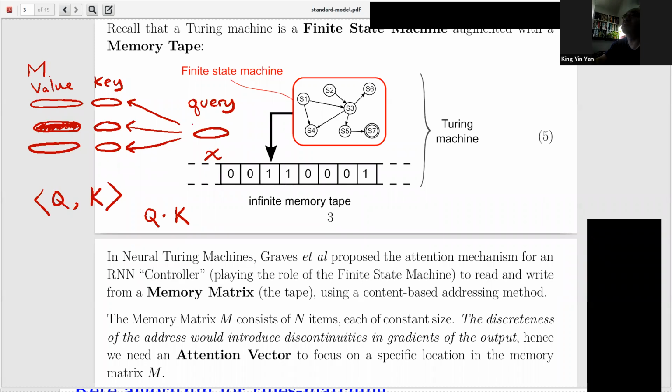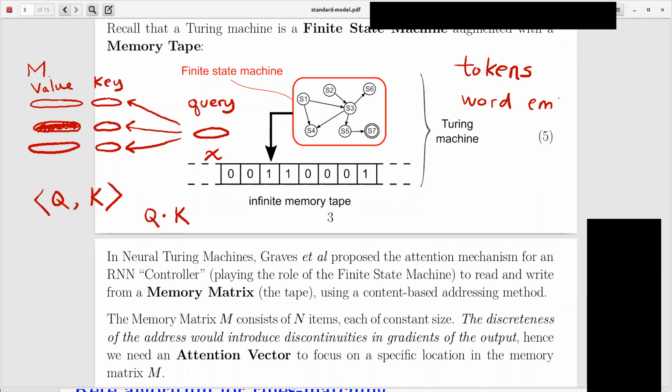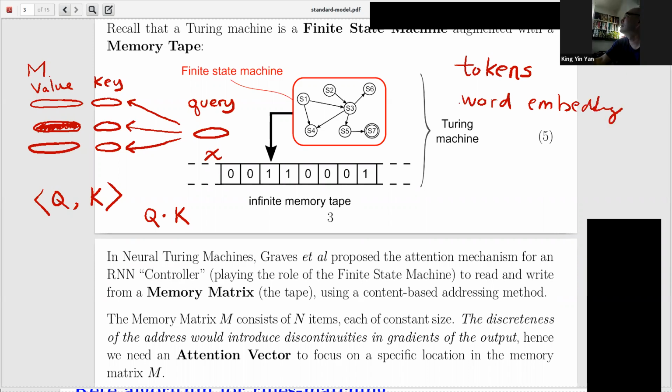So for example, these are the tokens in the transformer. You know this concept. The tokens actually are like word embeddings, right? These are vectors, and they are actually learned. You start with random vectors, but gradually they will become the word embeddings.